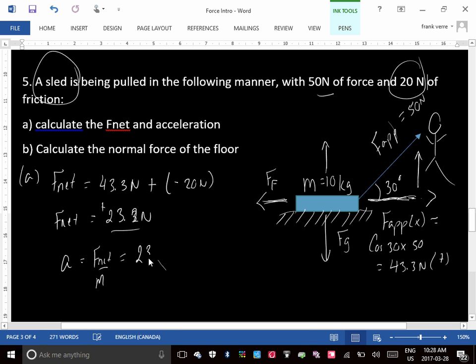So that would be 23.3 over 10. And that's 2.33 meters per second squared, obviously in this case to the right on our diagram. Okay. So in this case, you have the two concepts, right? You have the concept of the net force, but then you have the concept of F equals ma.